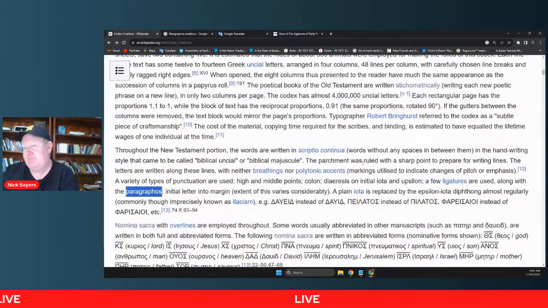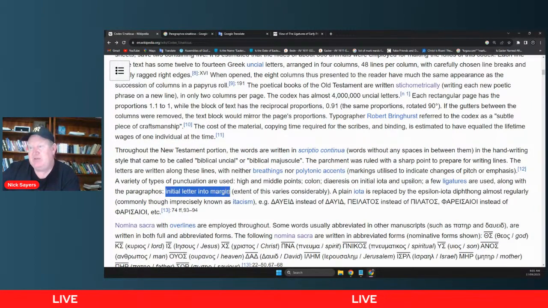So anyway, we sort of understand it's basically just something showing where someone was going to talk. I guess it could be relative to a quotation mark or something like that. Or it has here initial letter into the margin. The extent of this varies considerably.